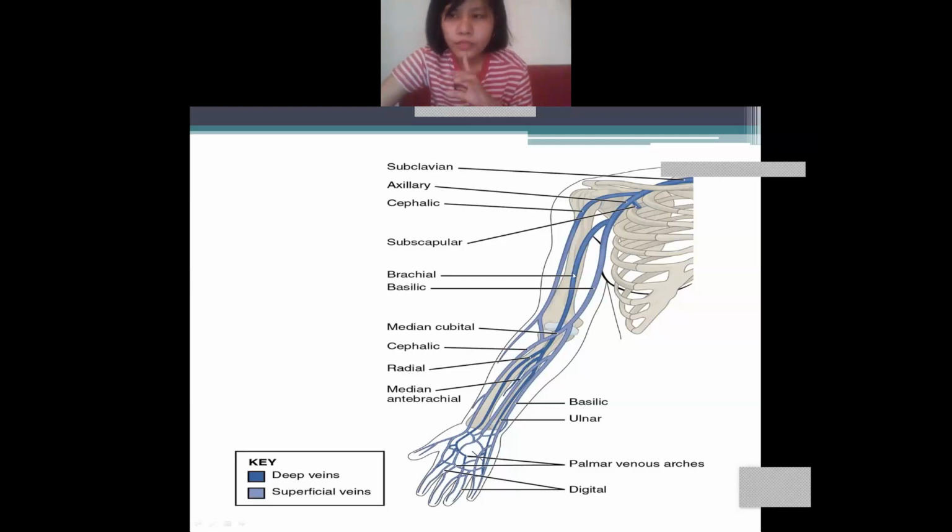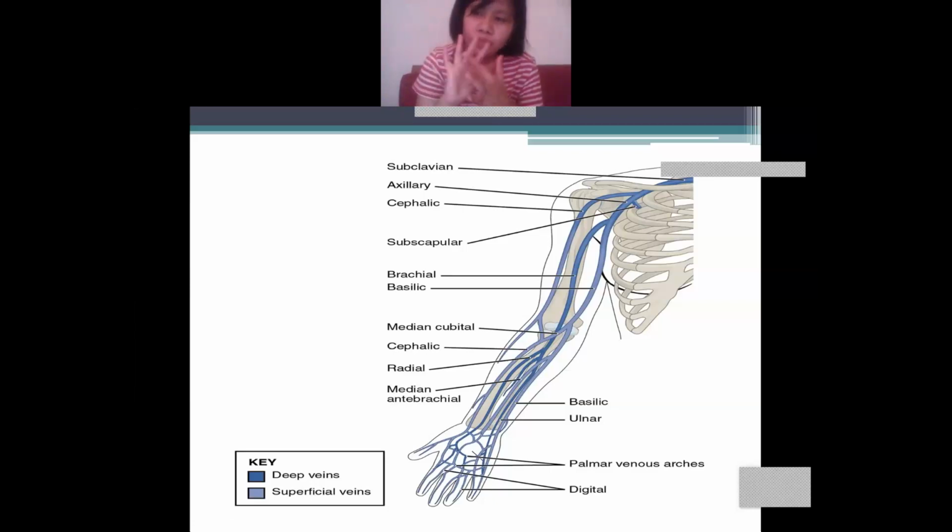First, let me tell you the parts of the deep veins. First, what will you find? You will find the deep palmar venous arches. This one. Where will you find the deep palmar venous arches? From the name itself, palm. This is your palm, right?